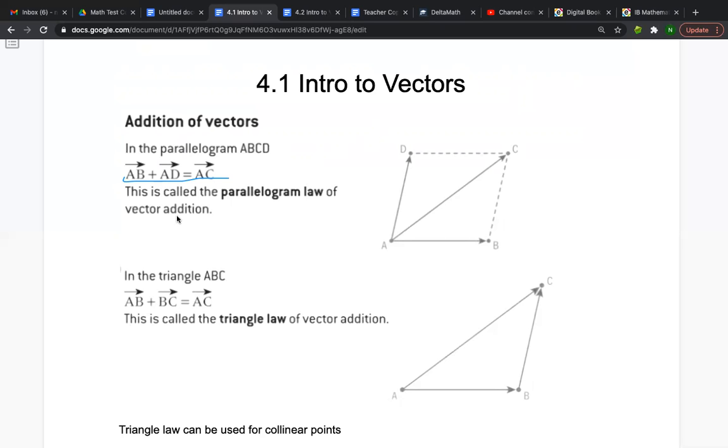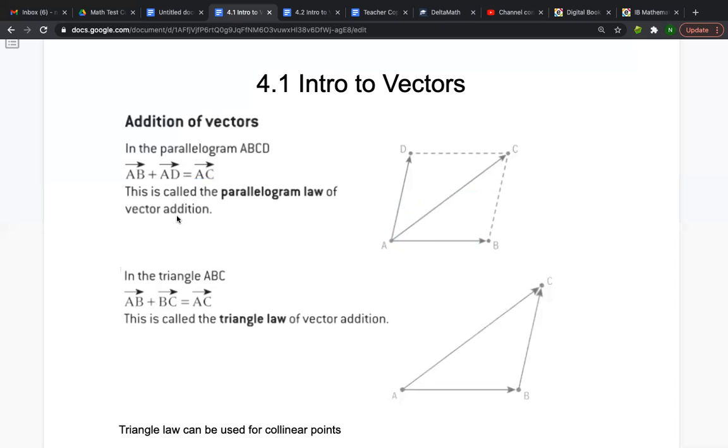With the parallelogram law, because they share that same initial point, it doesn't matter which order you add them in. So I could shift this line over and then we get to C, or you could do this line shifted up to the top and you also get C. And that's why the parallelogram law works, because the starting point is the same point.